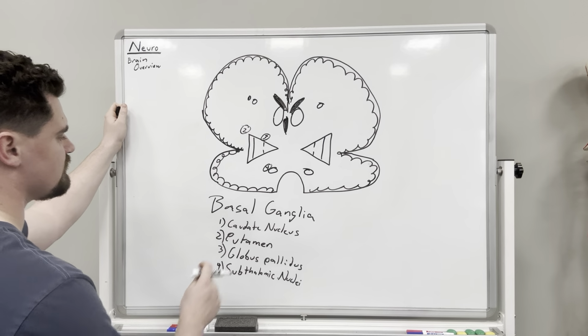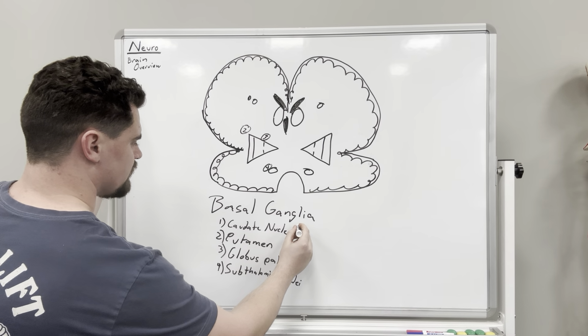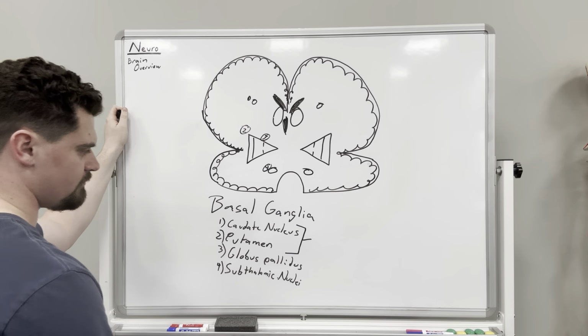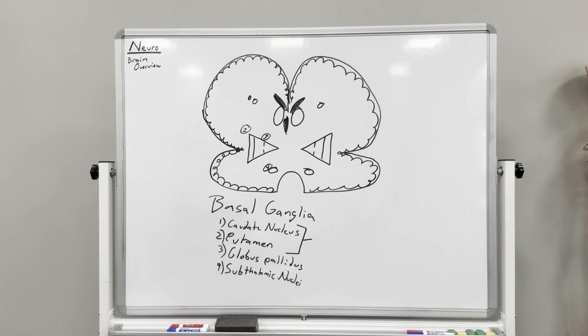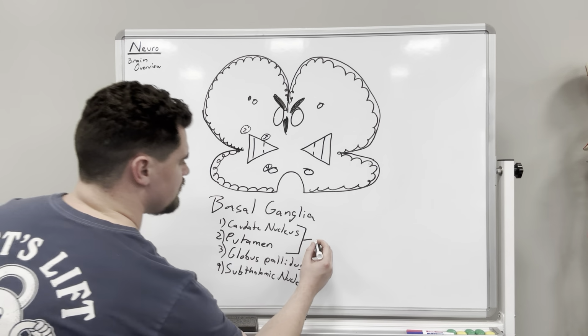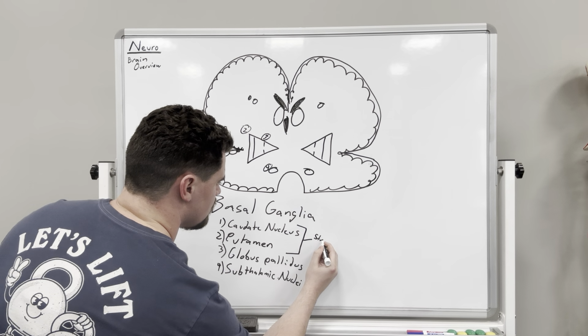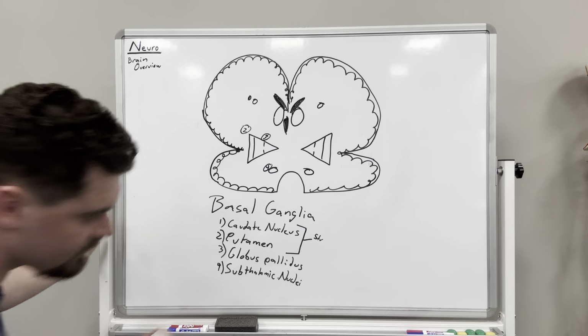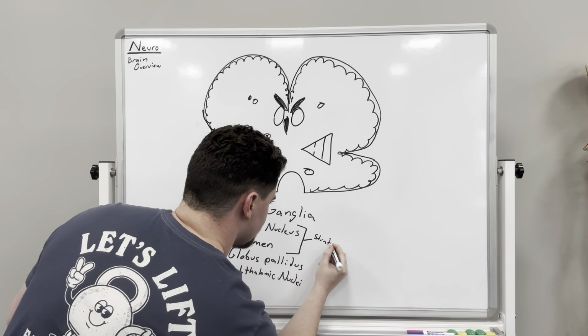However, something you guys do need to know, there's a different collection of names that this could be called. If you're combining the caudate nucleus and the putamen, that is called the striatum. I don't know how to spell this, so let me make sure I spell it right. Always fact check my spelling.